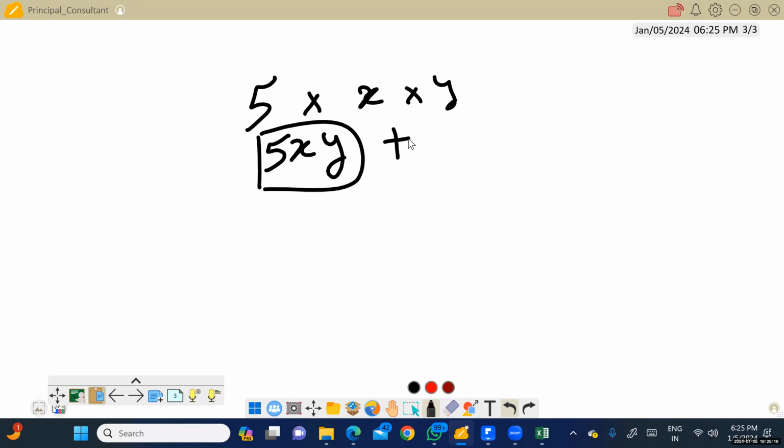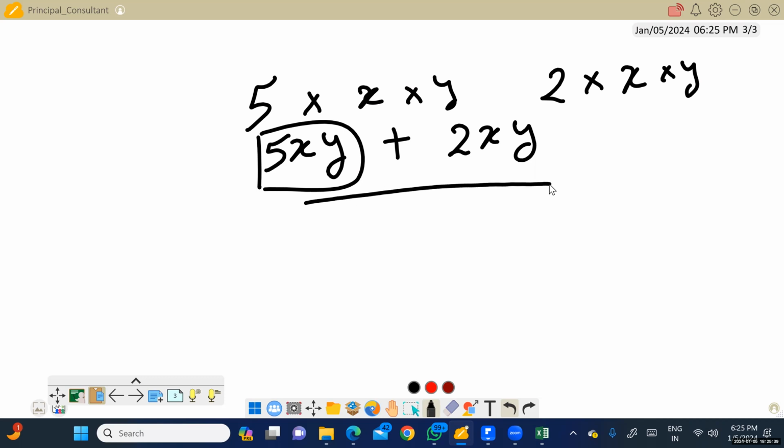If I add to this, let's say 2 into x into y, that is 2xy. So this is one term, this is another term. When I take both in entirety, it is an expression.